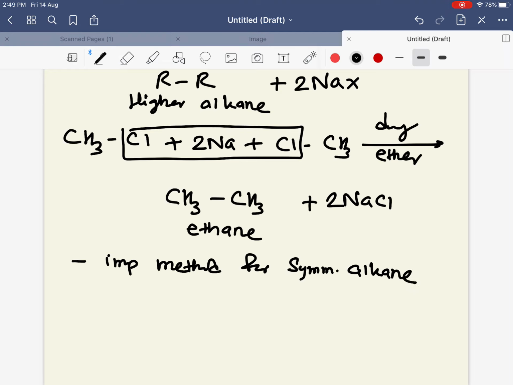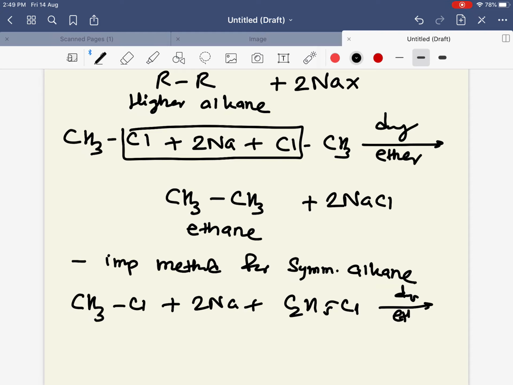If we use two different alkyl halides, we'll get a mixture of three products. Two are major products and one is the minor product. Suppose I take a mixture of methyl chloride and ethyl chloride in presence of dry ether. Methyl chloride reacted with methyl chloride, the first product obtained is ethane.